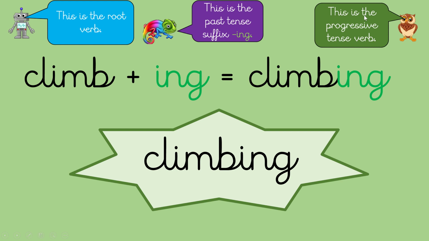And then Oswald is saying, this is the progressive tense verb. Right, let's have a look. So read this one. And then what's our suffix? Brilliant. So climb plus ing equals, and what's our final progressive tense verb? Brilliant. Climbing.